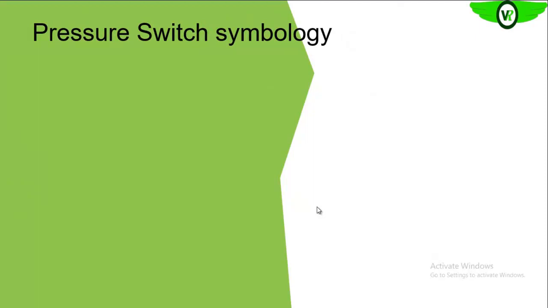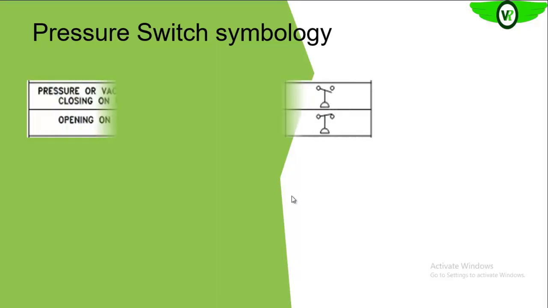So let us look at the pressure switch next. At times we may need to monitor the pressure and interface what is being monitored with the operations of our electrical circuitry. So these pressure switches, how are they represented in the electrical circuit?